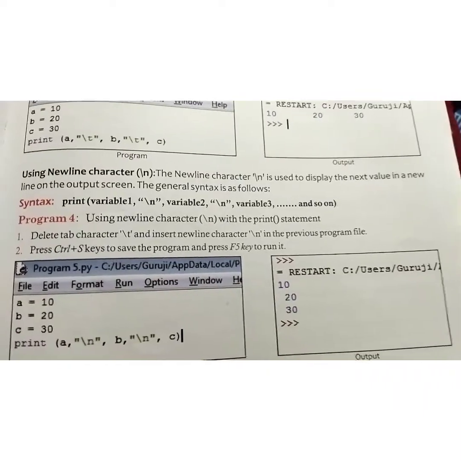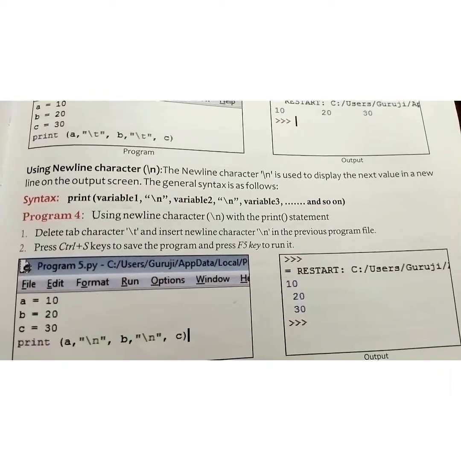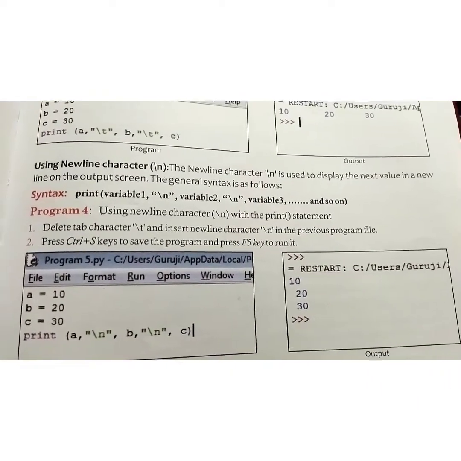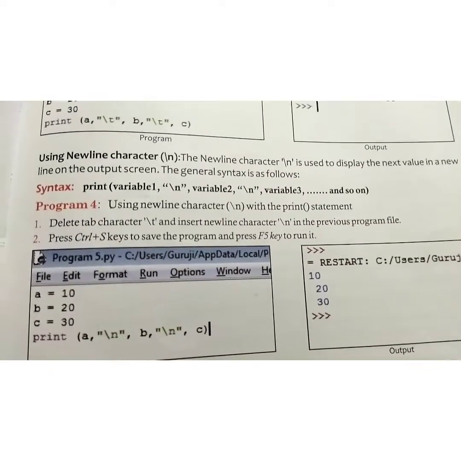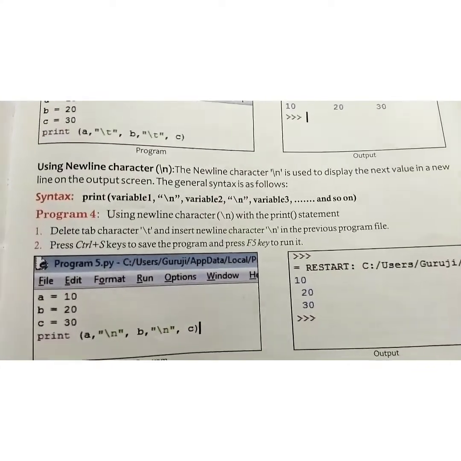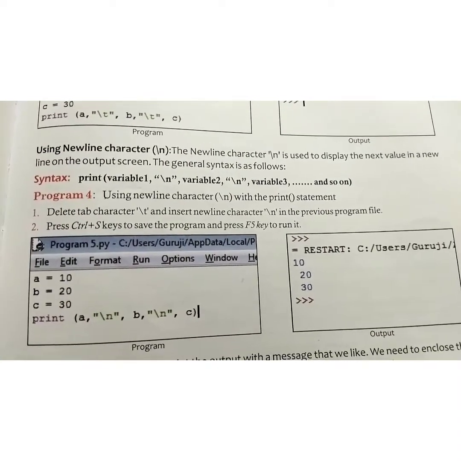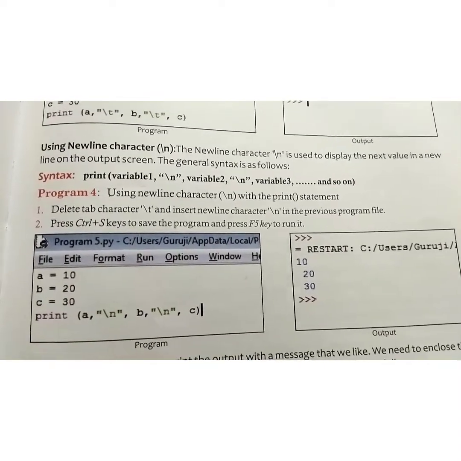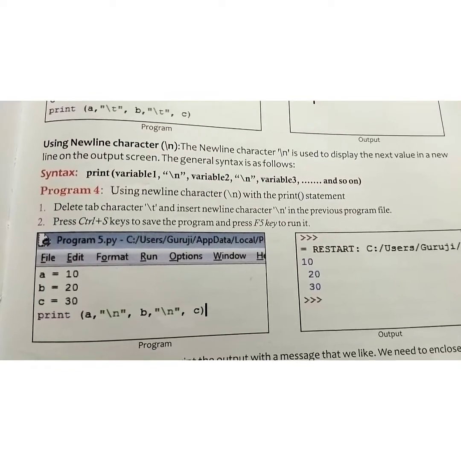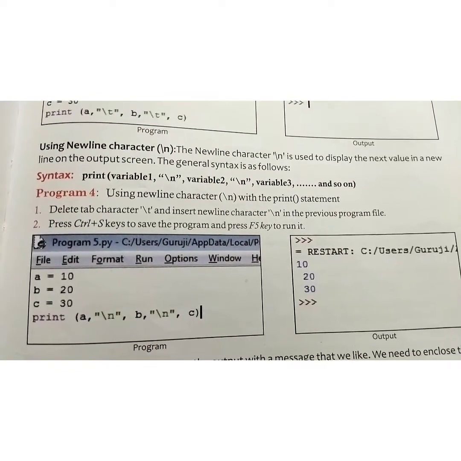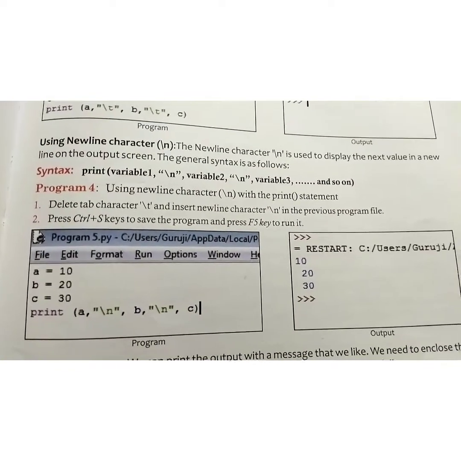Then the new line character \n. The new line character \n is used to display the next value on a new line on the output screen. The general syntax is as follows, students. Syntax: print variable 1 \n, variable 2 \n, variable 3, and so on. So let's see this program. Program number 4, using the new line character \n with the print statement.